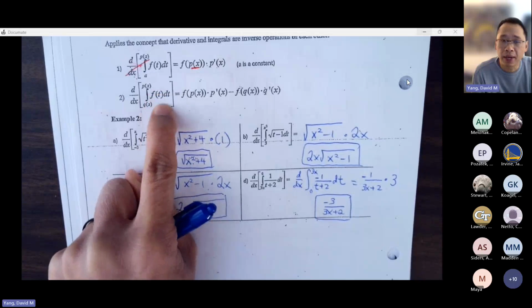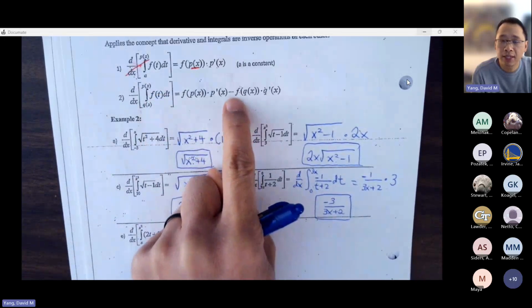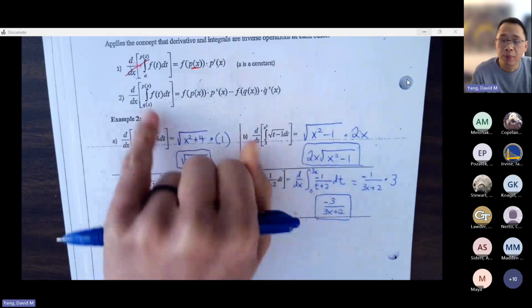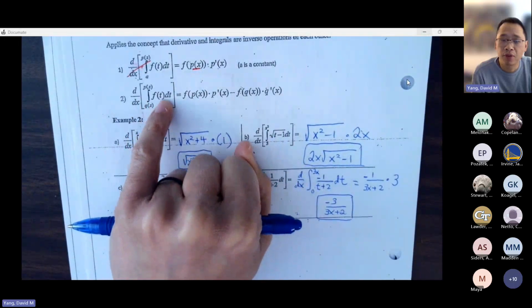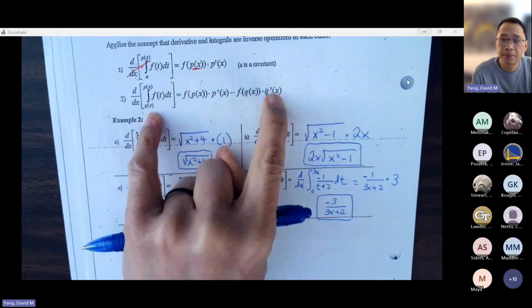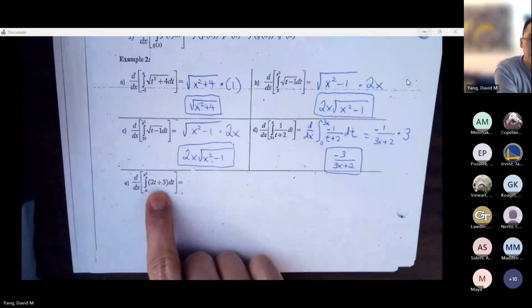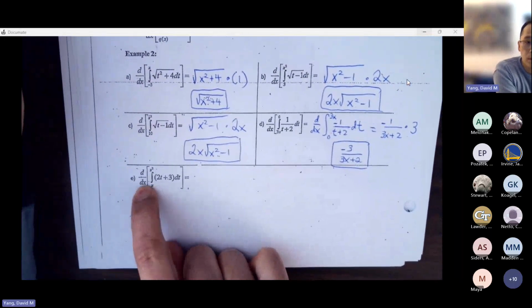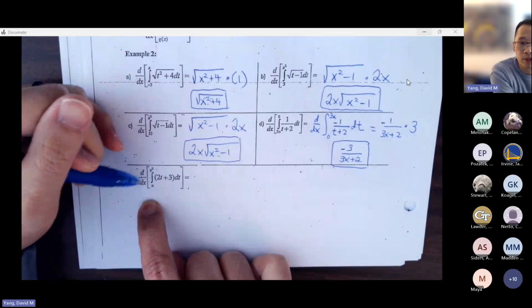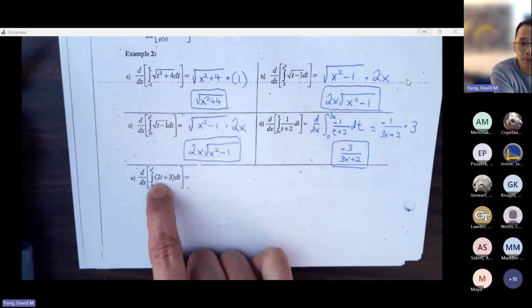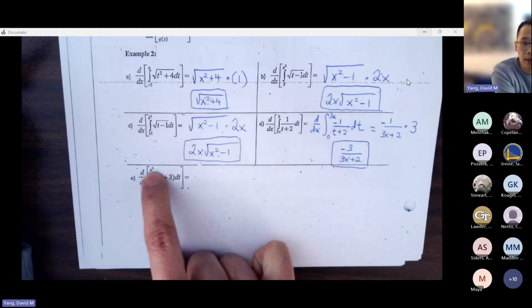So what's going to happen is it's going to be minus, and then we repeat the same process for a lower bound, f of q of x times q prime. So now part E, we see derivative and integral process canceling each other out. So f of p of x, plug the upper bound in for t.